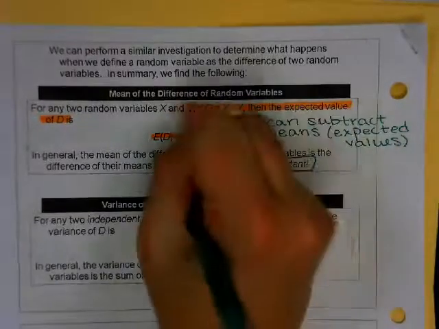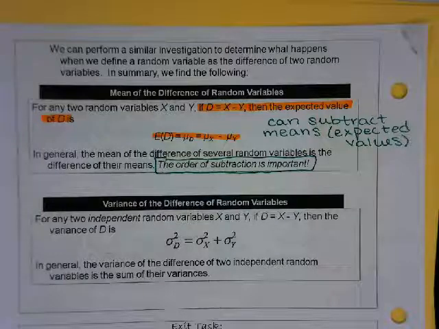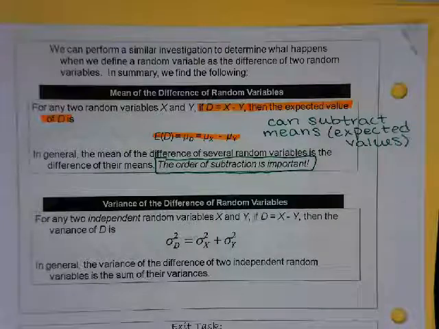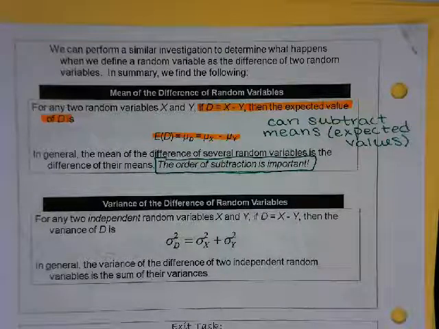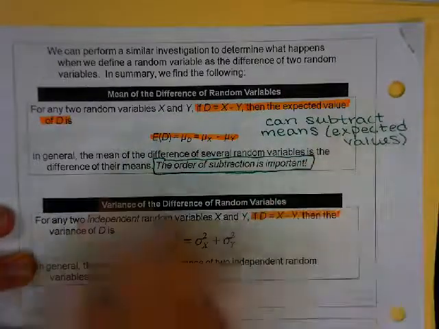Then when it comes to finding standard deviation, if we're working with X and Y, we define D to be X minus Y. To find our variance, it's the same. You still add.